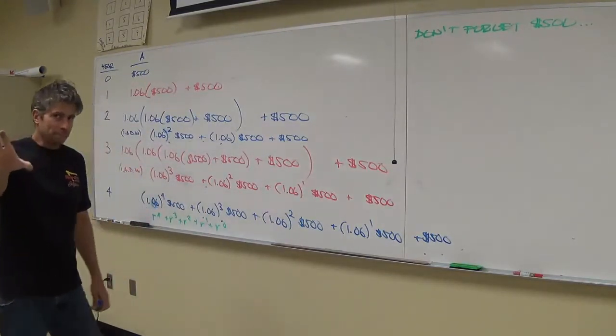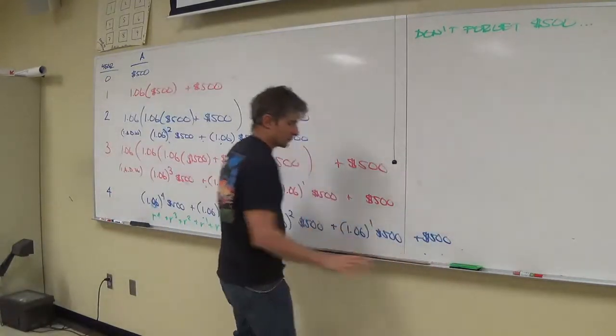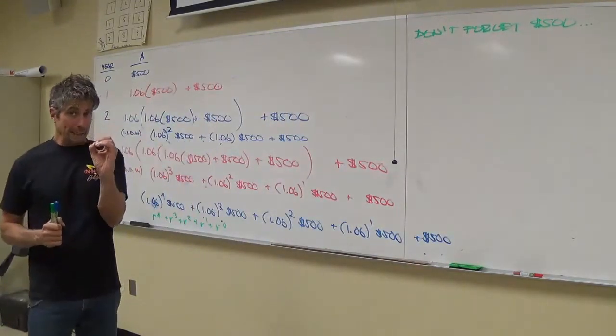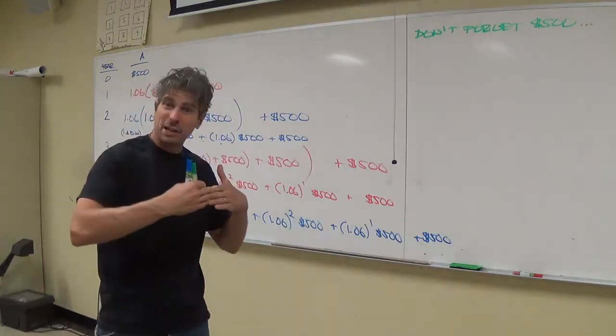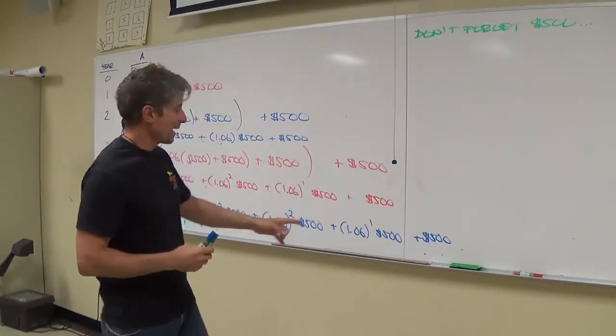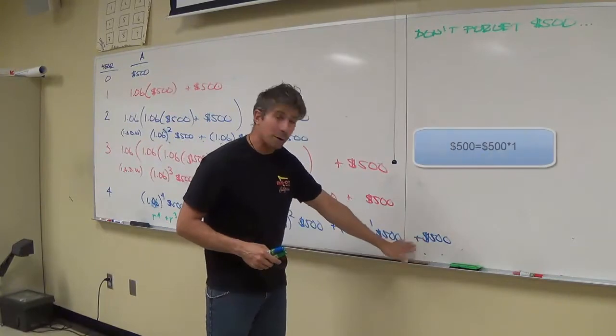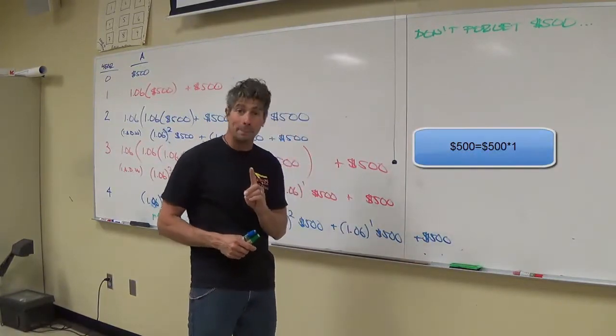The reason I'm doing that is, if I forget this 500, that doesn't leave 0 behind. Remember, distributive property is a multiplication, not an addition. If I factor $500 out of $500, it leaves the number 1 behind.